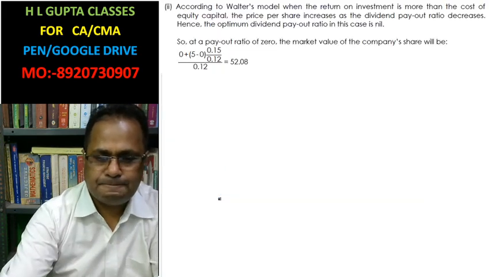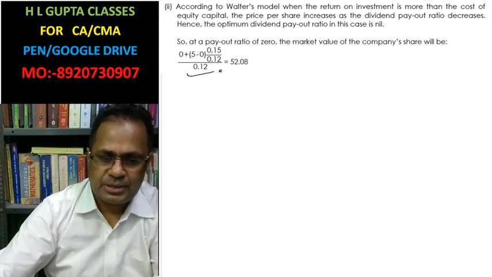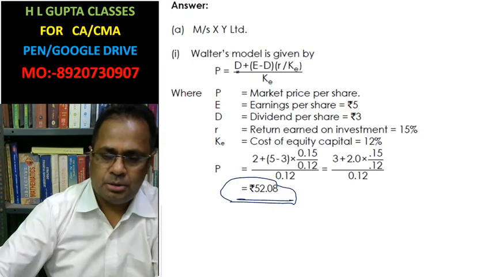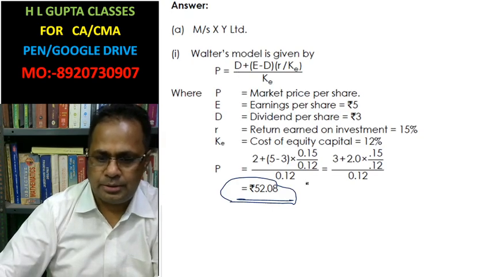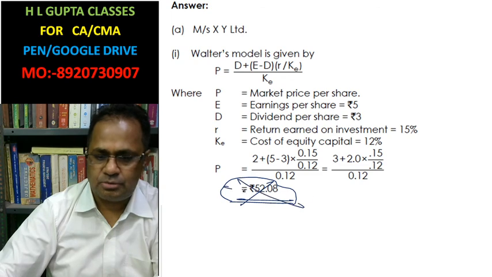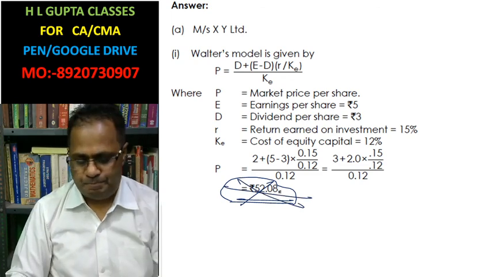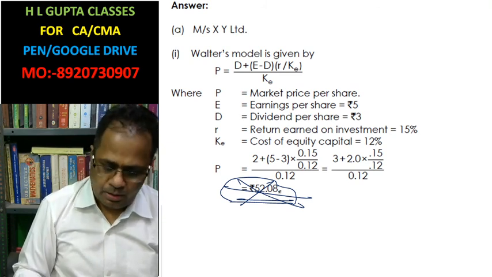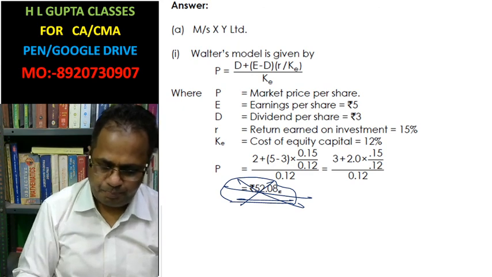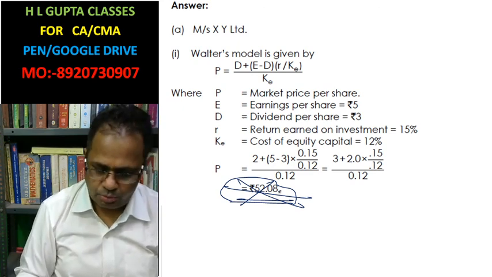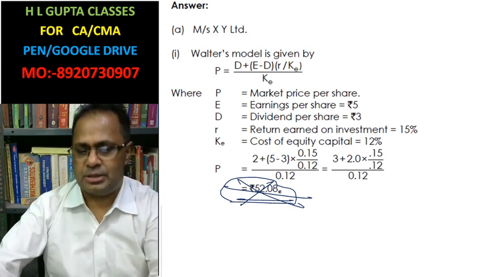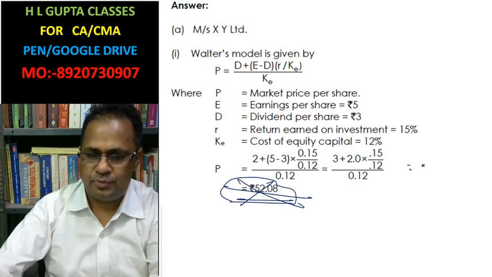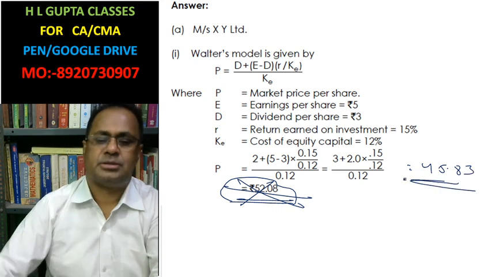In the second case, the market price would be 52.08. In the first case, the market price is calculated wrong in the book. It should be 0.15 divided by 0.12 into 2, plus 3, divided by 0.12, which is 45.83. This is the answer.